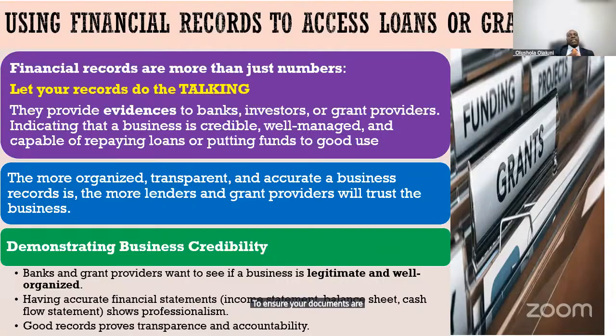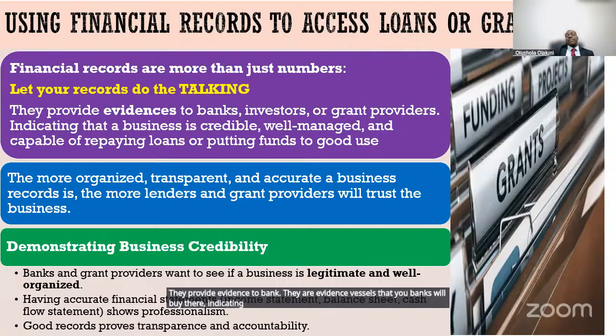So, using financial records to assess loans or grants. I said here, financial records are more than just numbers. They provide evidence to banks, investors and grant providers, indicating that the business is credible, well managed, and capable of repaying loans or putting funds to good use.